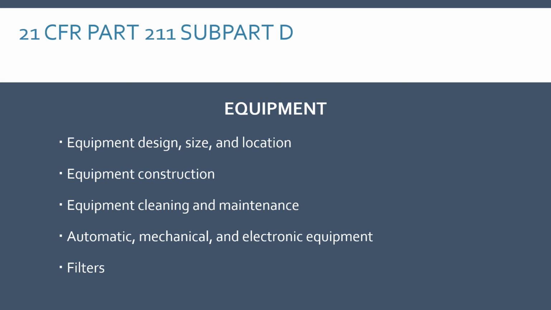It also covers automatic, mechanical, and electronic equipment, as well as filters, making sure that filters are utilized and optimized to perform their correct function, whether it's inline filters, or filters in a weigh room with materials, but making sure that filters are performing their protection factor that they're designed to do.